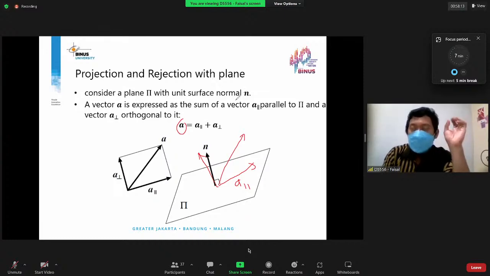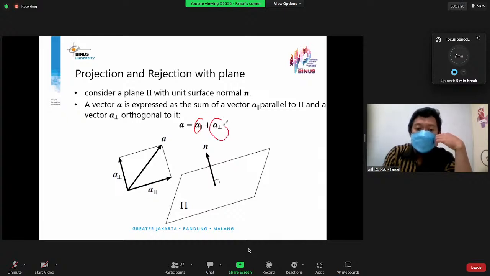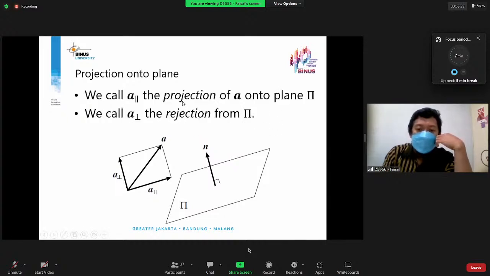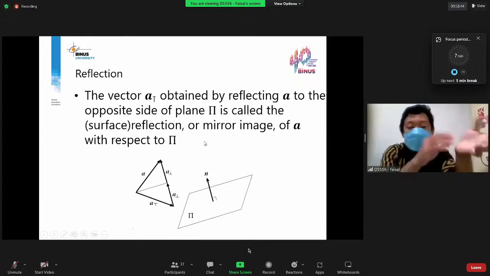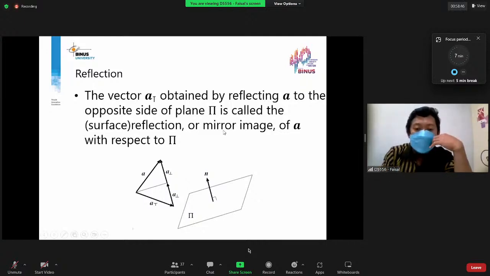So we also have the same result. A vector A is expressed as the sum of the projection and the rejection to the plane. This is the projection on the plane. This is the symbol of the rejection. And we can also reflect the vector A using this plane. So the mirror is the plane.